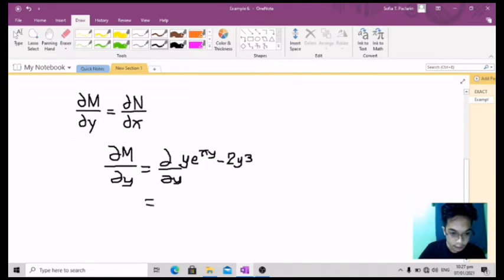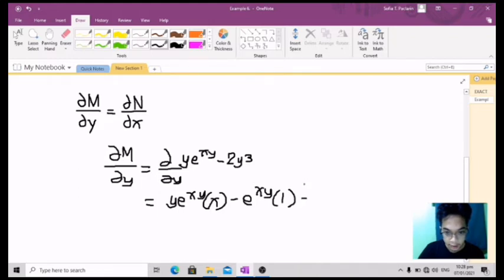So this will become ye raised to xy times x, the constant here, minus the inside term e raised to xy, then the derivative of y is 1, minus the derivative of negative 2y cubed, negative 6y squared.